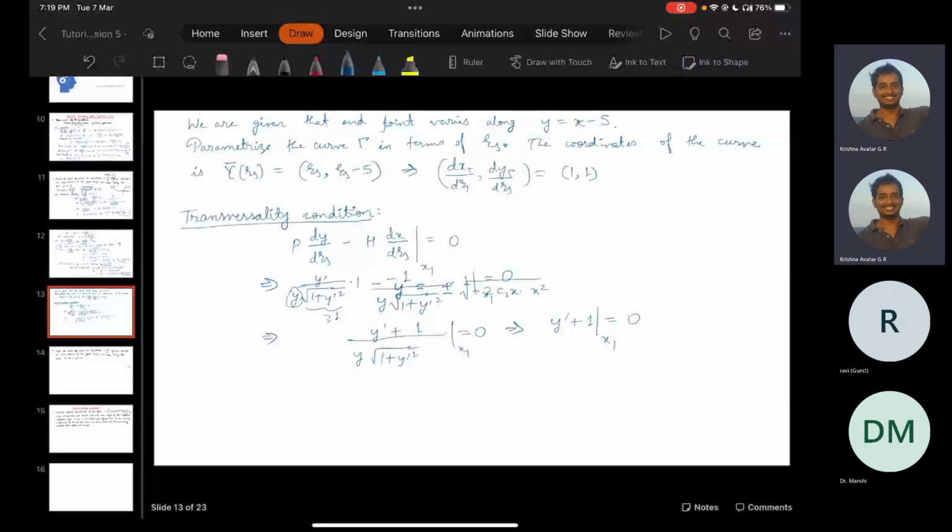So we'll have minus 2c2 minus 2x. And for now let's only consider the positive square root of this quantity.